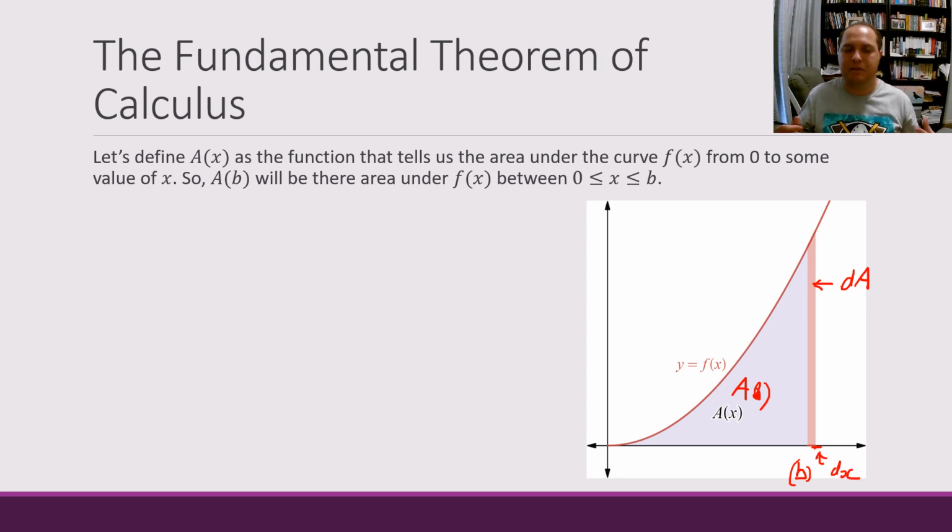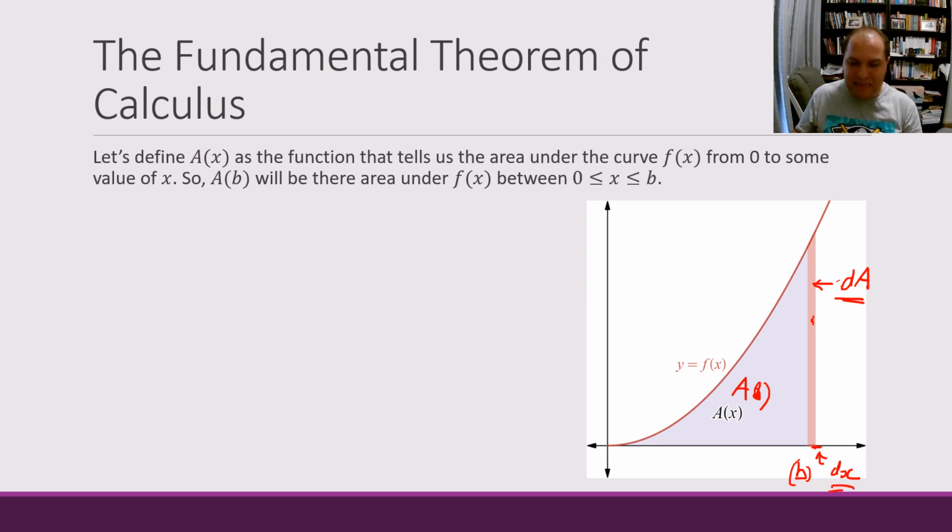And dx again is a very, very small value of x that I'm going up by. What I'm really wondering is, if I change x by that small amount, and remember we talked about dx being something that is getting very, very close to 0, how can we relate this small area that we've gone up by in terms of dx?